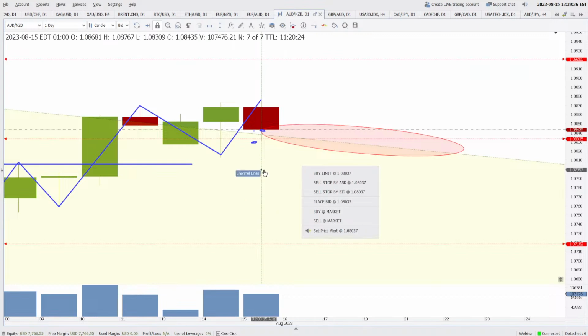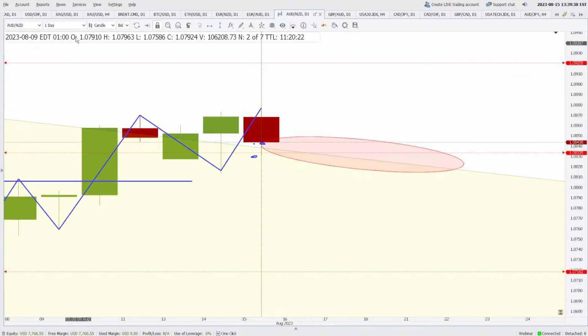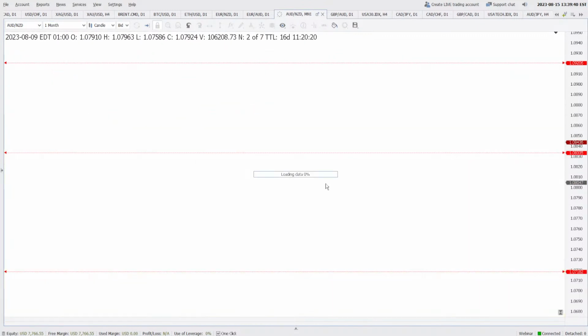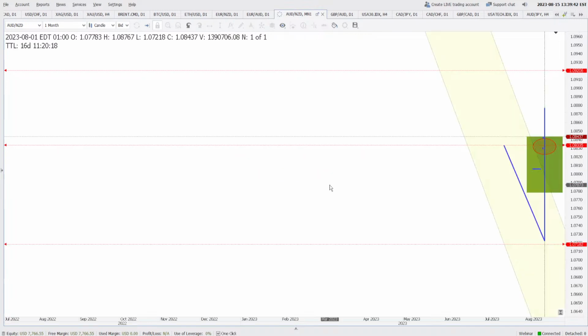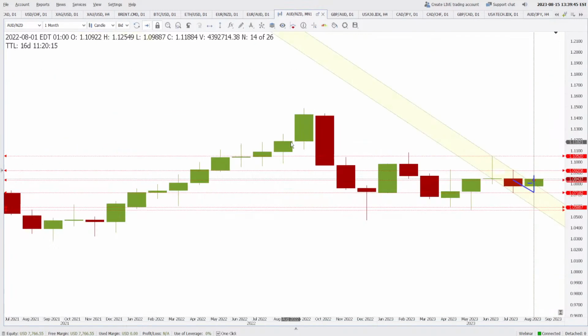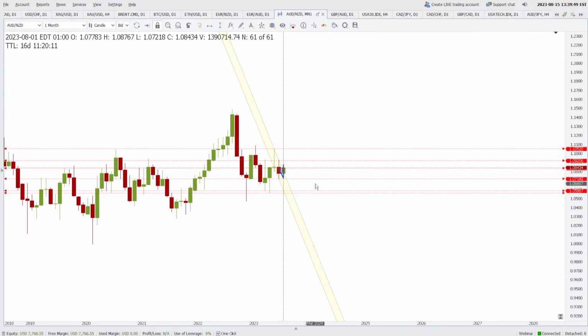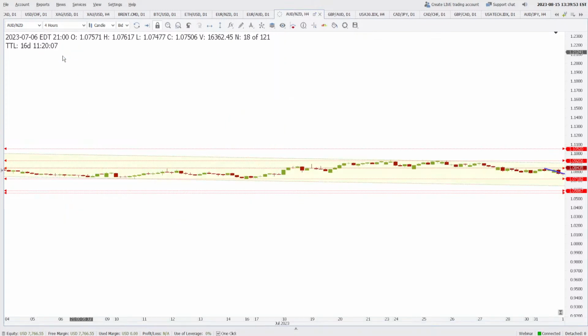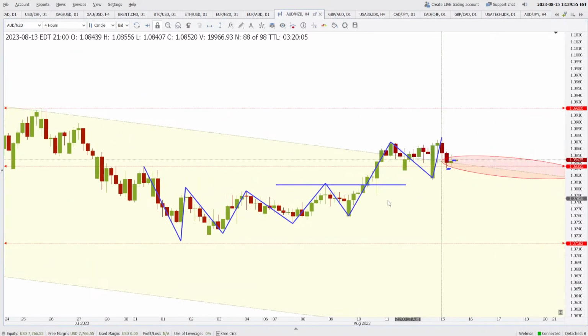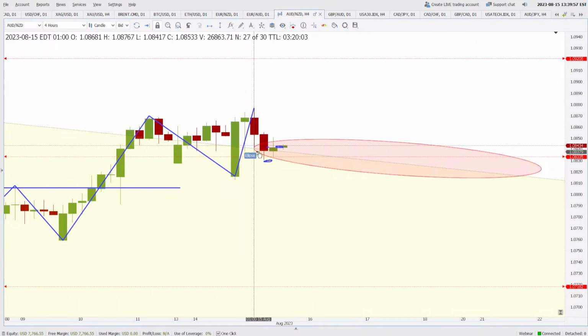This is one thing. Now your point is that this is a consolidation on the monthly. Peter, for you on the 4 hour, the stop loss can be around 1.0820. Wait, whatever is the low of this candle, 1.0830.